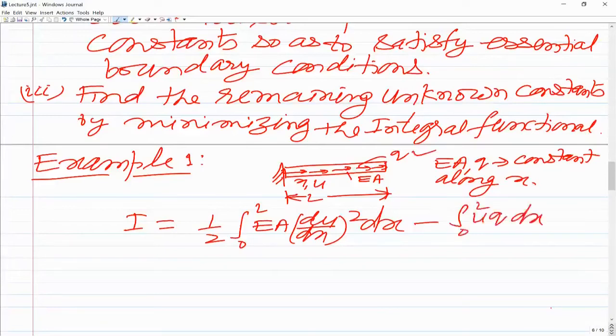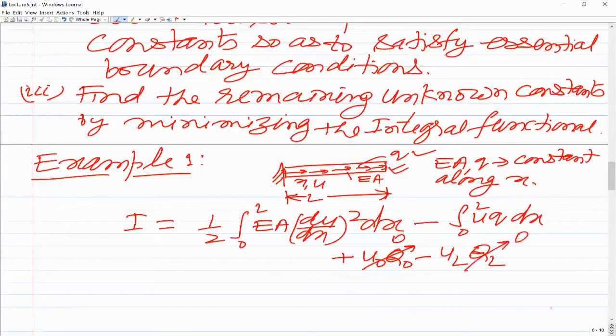And if you look at the other terms we had, one term is plus u0 into q0 minus uL into qL. Now at x equal to 0, u is 0, so u0 is 0, therefore this term would be 0. And at x equal to L, that is at this end, there is no externally applied load, so qL will be 0, therefore this term is 0. So this is what you have.